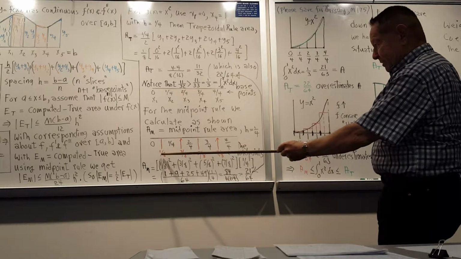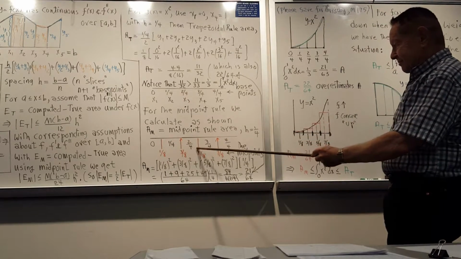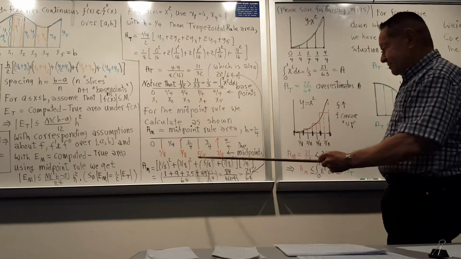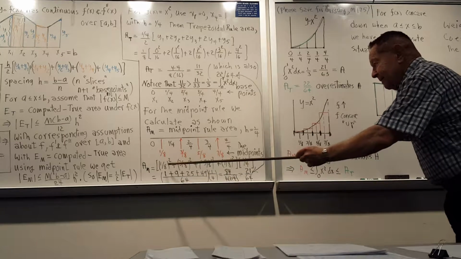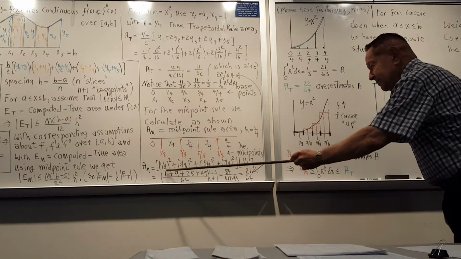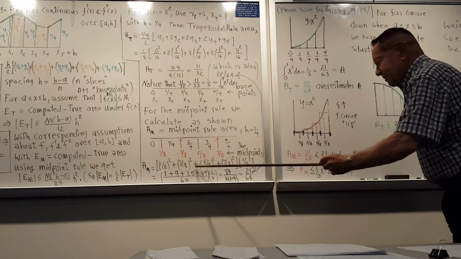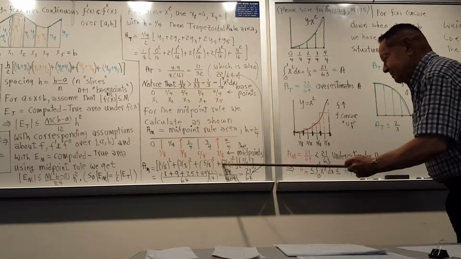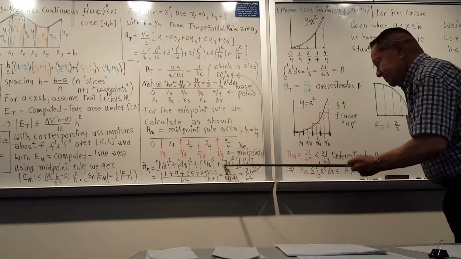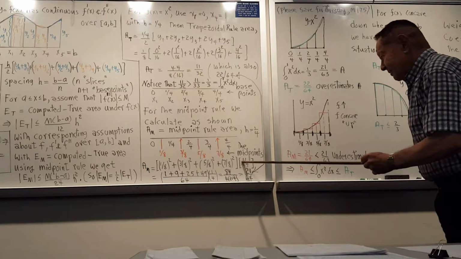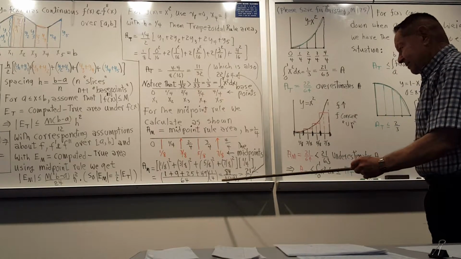So with your midpoint rule, your midpoints being 1/8 and 3/8 and 5/8 and 7/8, as in my picture here, you see in the numerators you have 1 squared, 3 squared, 5 squared, and 7 squared. In the denominator you have 8 squared, which is 64, all times the common width, which is 1/4.